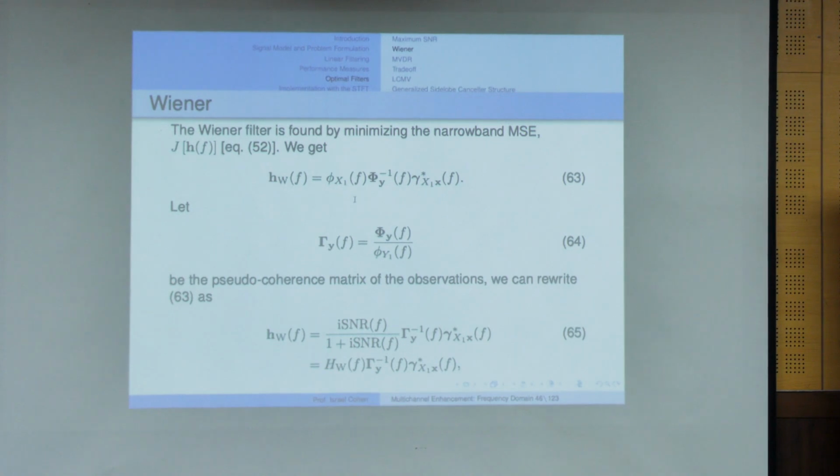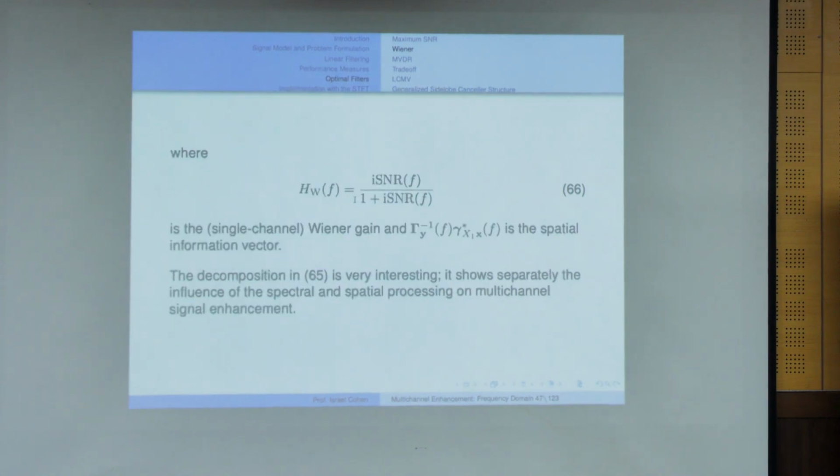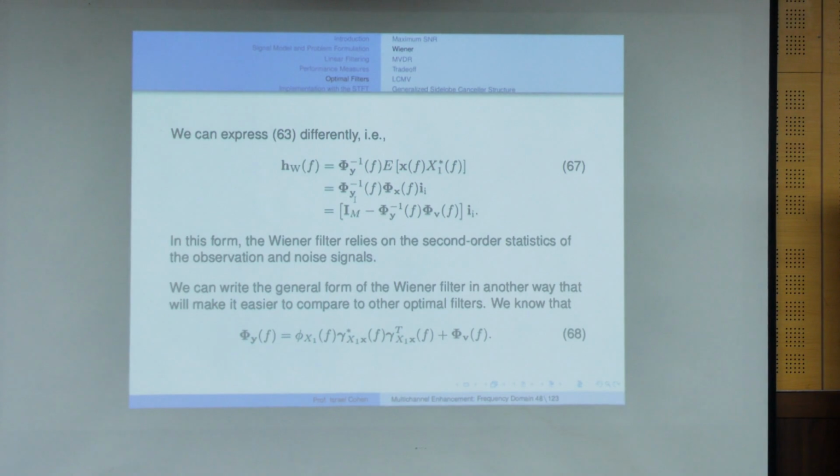Let's continue. Let's see if we can have a different expression for this vector and get some insight from these different expressions. We can write the Wiener filter like this. So if I give you a different expression, what did I do? This is very nice, right?